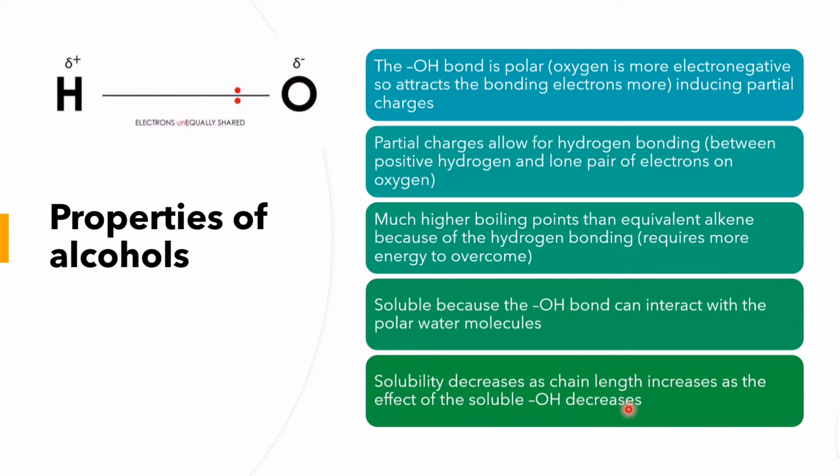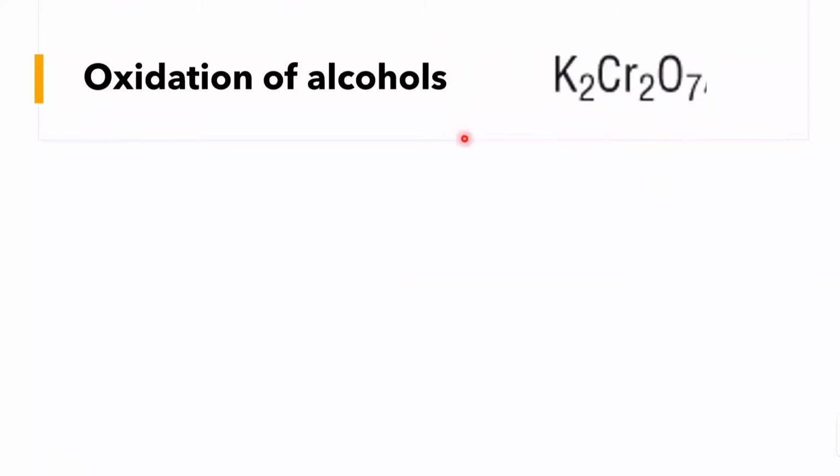So the ratio between soluble and insoluble decreases because our chain length is increasing, and our carbon chain isn't soluble, it's only our OH. So the effect of this soluble OH decreases as the length of our carbon chain increases. So solubility decreases. So finally on to the oxidation of alcohols.